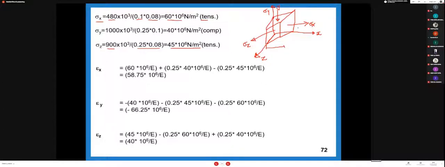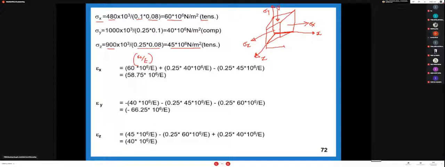So here, sigma x increases the length in the x direction, and the increase in length is according to the strain in the x direction. So stress in the x direction divided by the Young modulus value, that is the strain in the x direction.